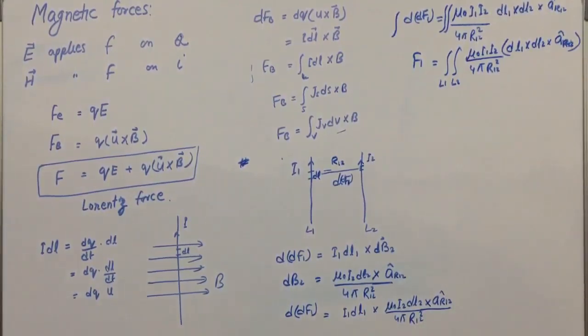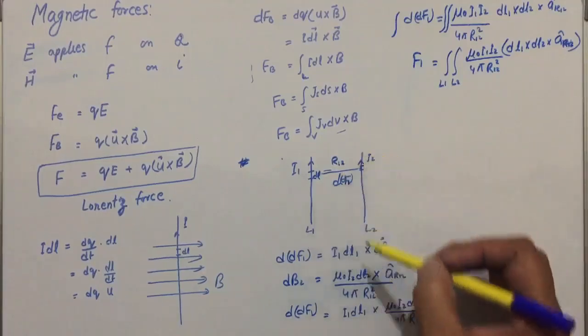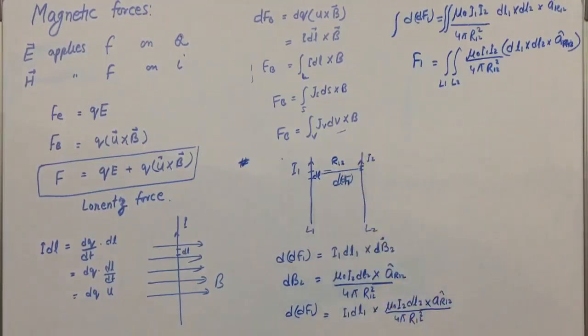This is the total force on this line from the other line carrying currents I1 and I2. Similarly, the same force will be exerted on the other conductor in the opposite direction.